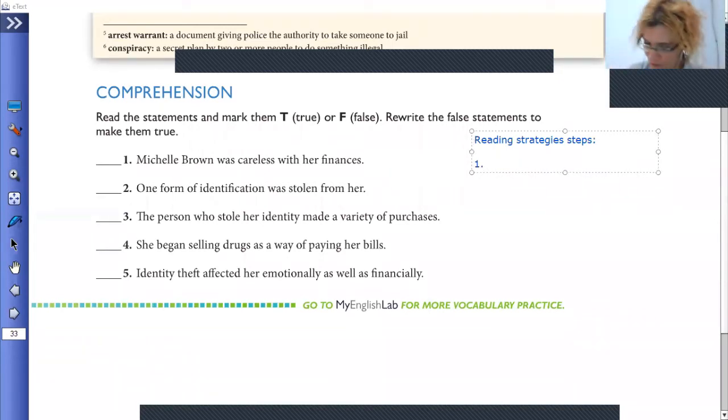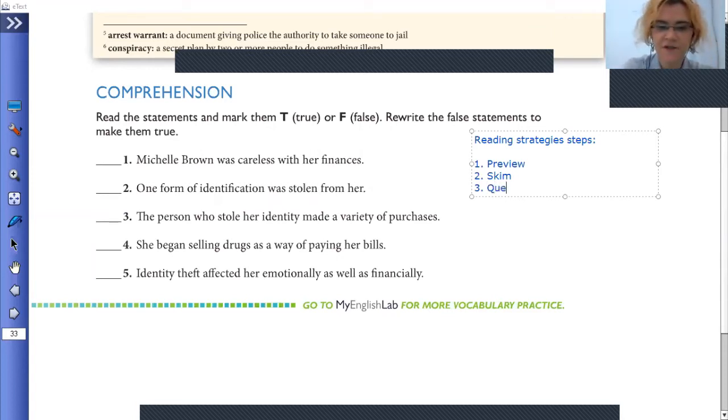What is the first one? Does anyone remember? Anyone? Or forgotten? Don't forget. You preview, basically to predict the text type, the genre, and the purpose. The second is skim. We do that to get the main idea of the text.